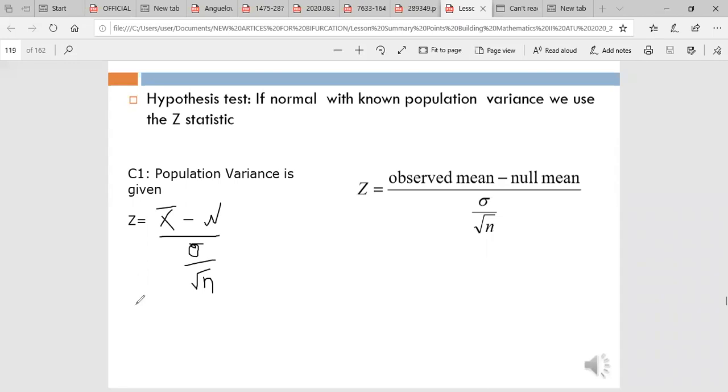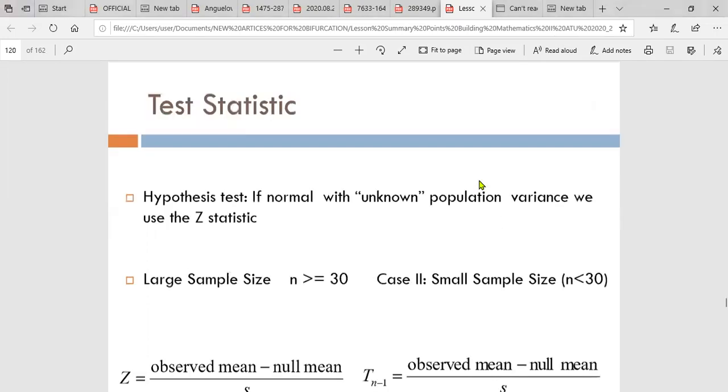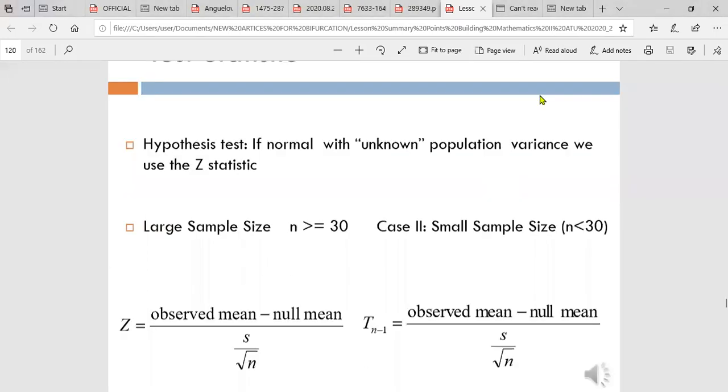Now, in the case where your population variance is not being provided, you don't know it, it's not given. When it is not given, then we also say it is unknown.